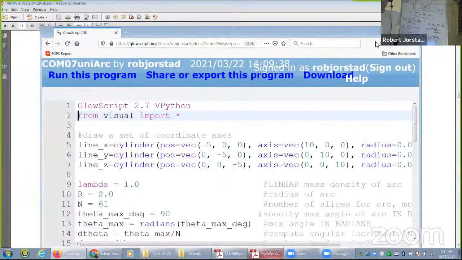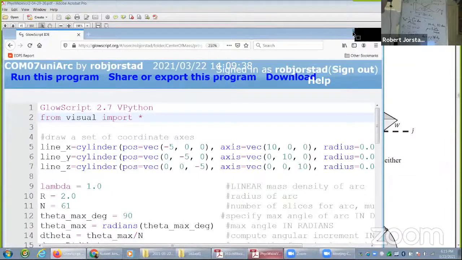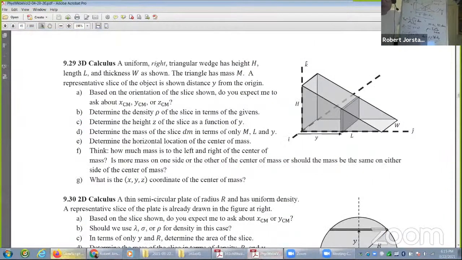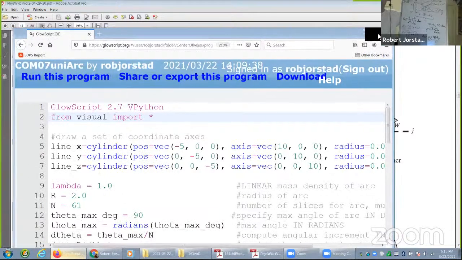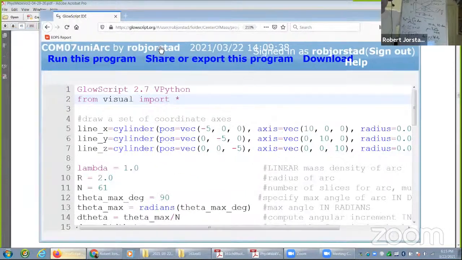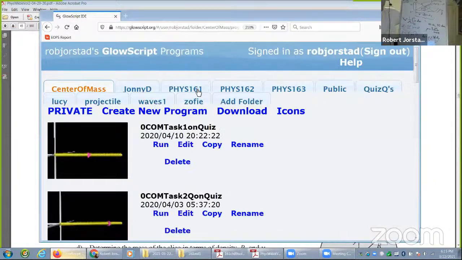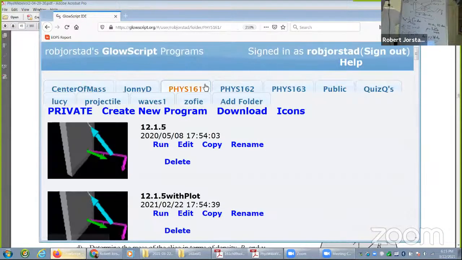Oops. Come on, Zoom. What's going on? Oh my gosh, it won't let me maximize this window. All right, whatever. There we go.